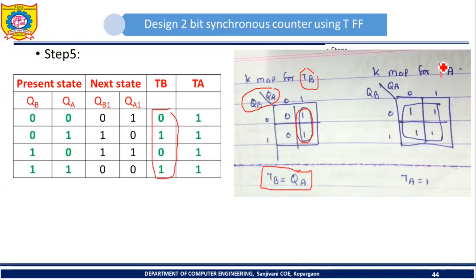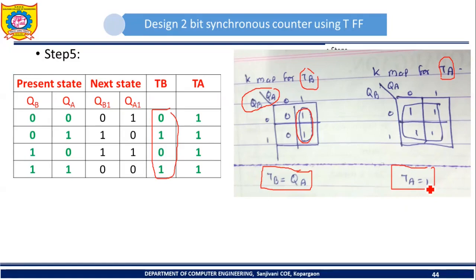Similarly, the K-map for TA. What are the entries for TA? All 1. So in this K-map you can see all 1s. Then we know that these 4 ones can be combined together to form a quad. What will be the simplified expression for TA?